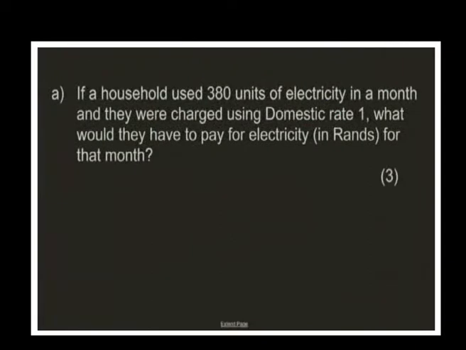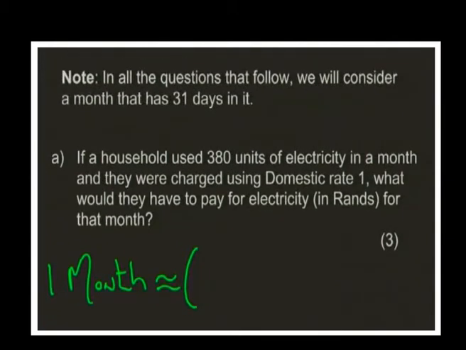So in 1 month, and there's a very important thing we've got to know here. A month has 31 days in it. Okay, we're going to consider a month of 31 days. Now, it's important that the examiner tells us that, because as you know, a month could have 28 days, February, could have 29 days, February, on a leap year.